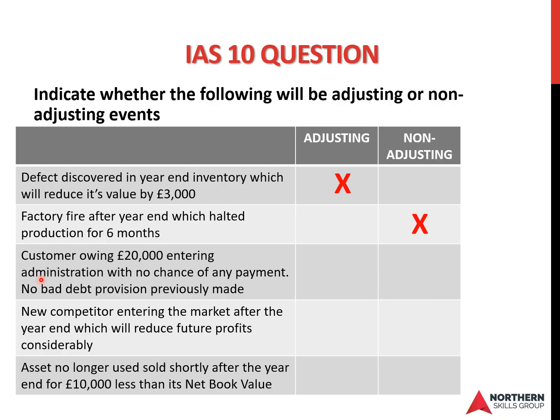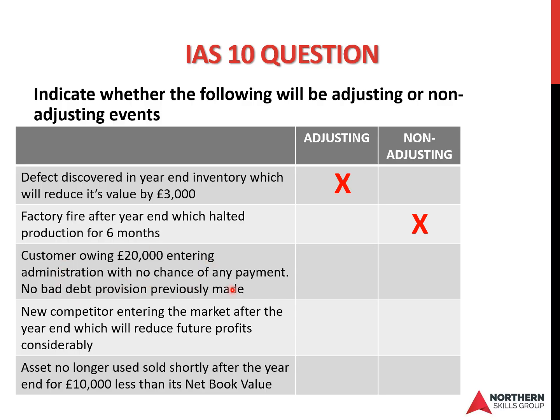Next, we've got a customer that's gone bust owing us £20,000. Now, arguably, if you could show that the only reason the customer's gone bust is because of something that happened after the year end, then you could argue that no adjustment would be required to the accounts.